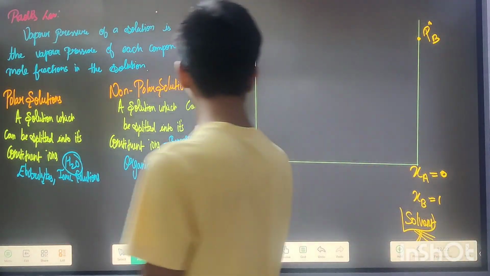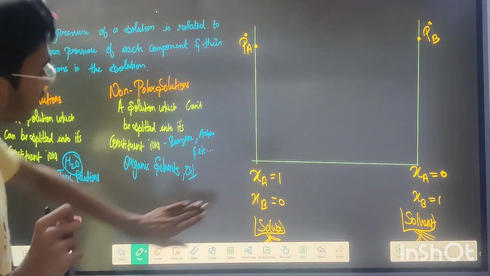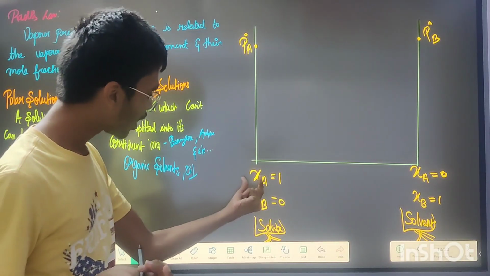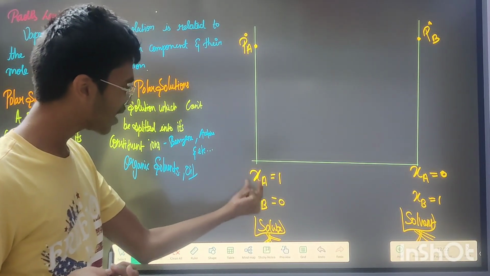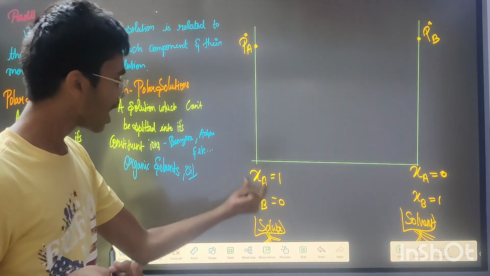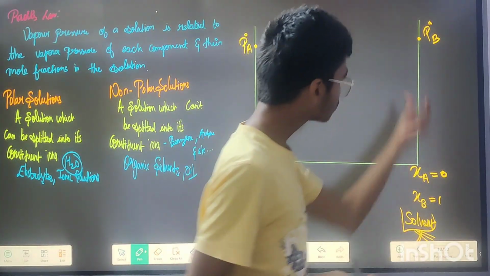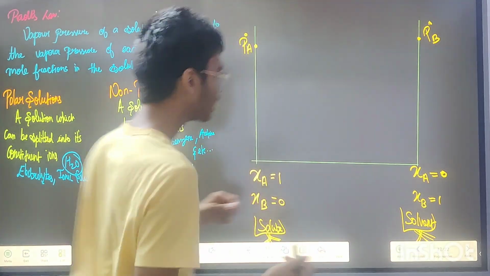It is because, you all know, when I boil this XA, it will give some pressure, and since it is in the purest form, it will be P naught A, and the same thing applies to XB, which is going to be P naught B.